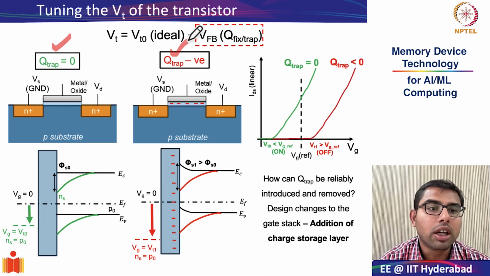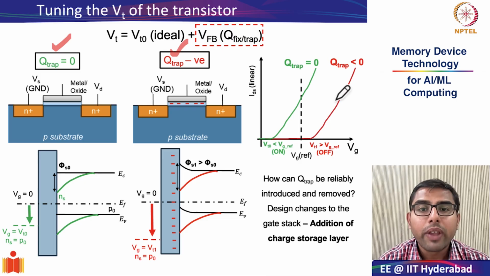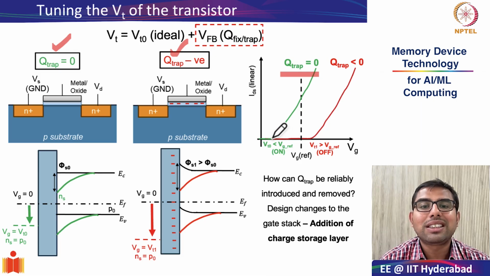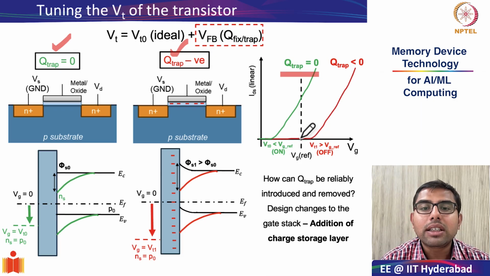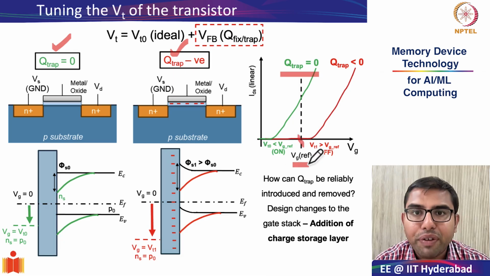of the transistor. Like we saw last time, if the trap charges is zero, or in an ideal case, the threshold voltage of the transistor is such that it is much lesser than the decided reference voltage.